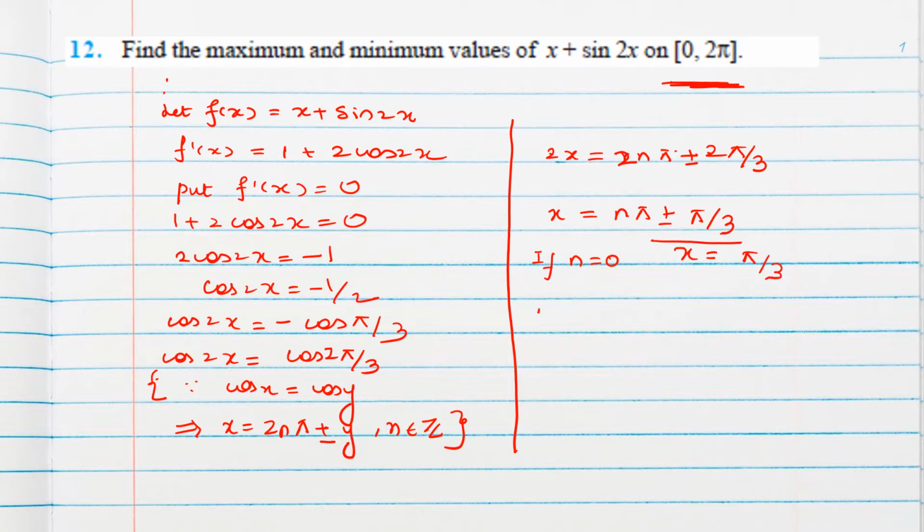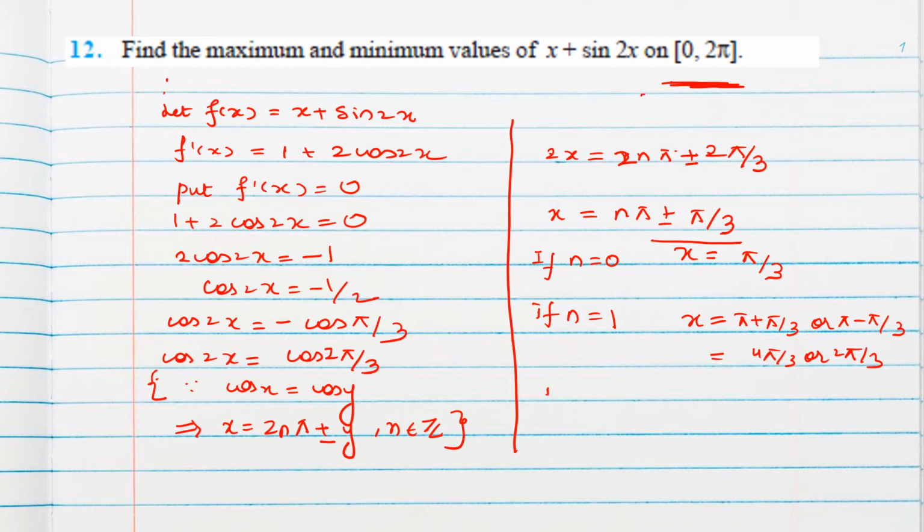Now if n is 1, then we can write π plus π by 3 or π minus π by 3. Okay, that is 4π by 3 or 2π by 3. Both these values will be there in the domain. That means for x, we can take these two values.